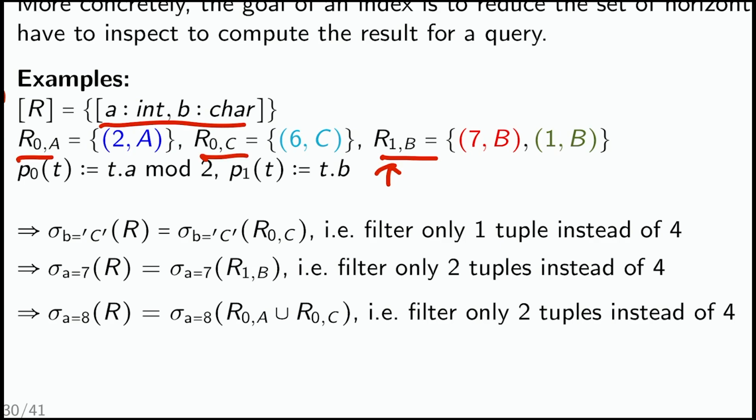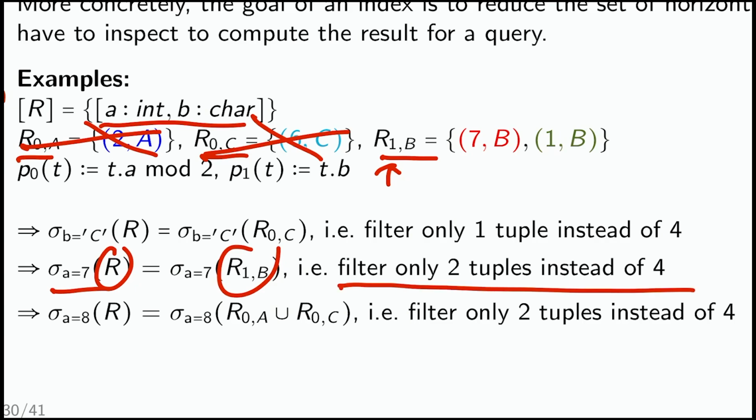So by definition, that cannot be part of the result because the number is even. As I'm interested in A equals 7, which is odd, I can directly replace this R by R1, B. And that is a much smaller input. So here I'm only filtering on 2 tuples rather than 4. Here it was 1 tuple rather than 4.